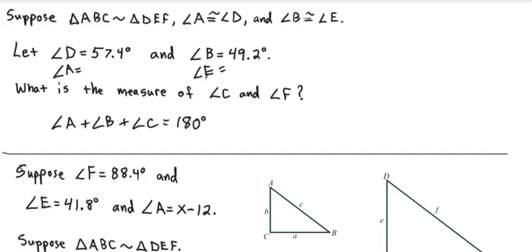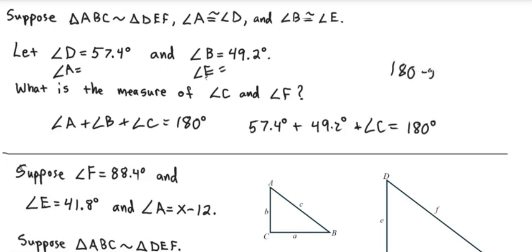That's the triangle sum theorem. And we know that angle A is 57.4 degrees, and we know that angle B is 49.2 degrees. So now we don't know what angle C is, but we know that they all add up to 180 degrees. So all we have to do is 180 minus 57.4 minus 49.2.